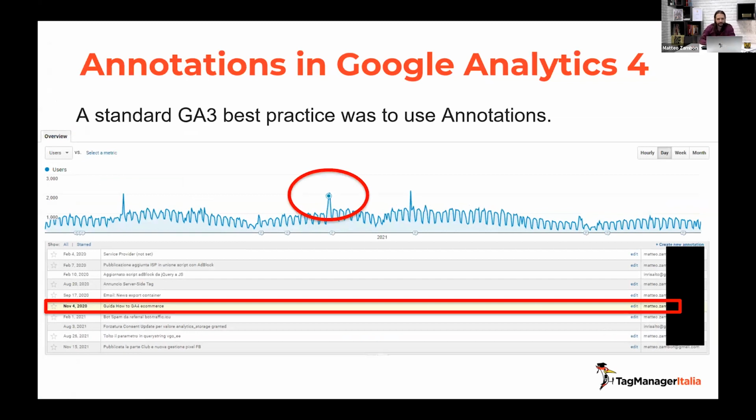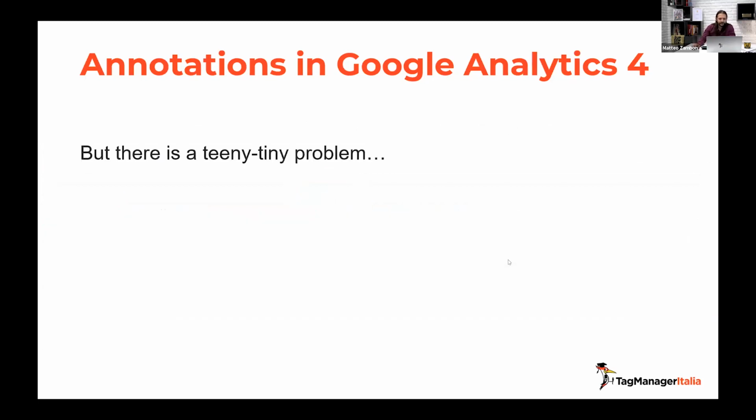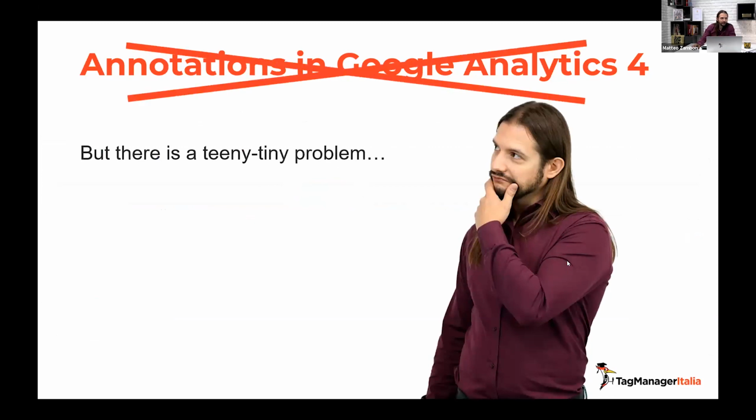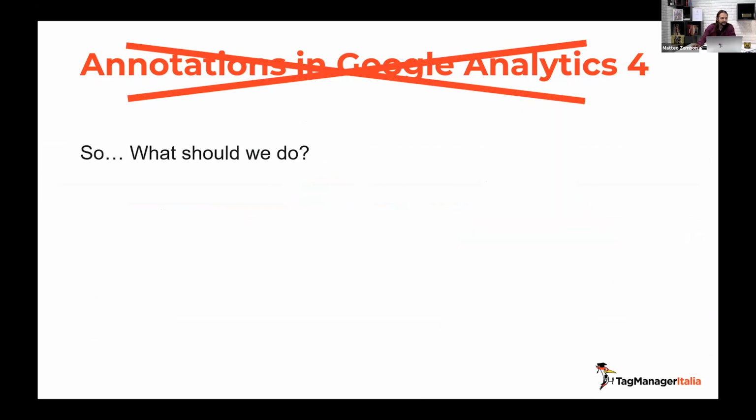Annotation is very insightful for understanding what happened on a particular day. But as you know, there is a little problem in GA4. The problem is there is no annotation in GA4. So what should we do?